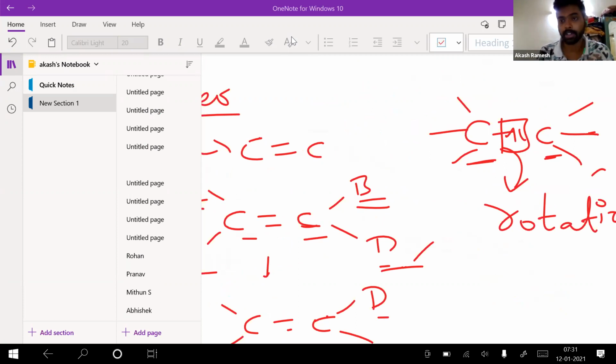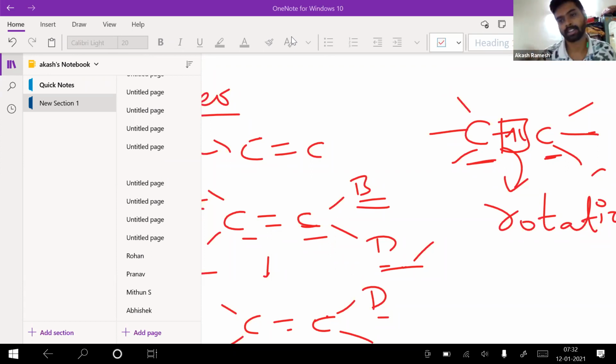So guys, what I'm trying to tell you is, say this is a single bond. The bond can rotate. If this goes clockwise, this will go like this.